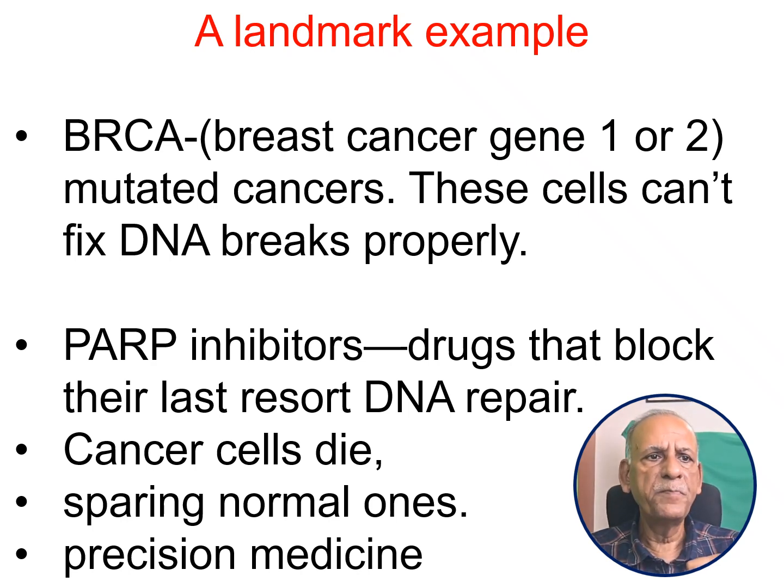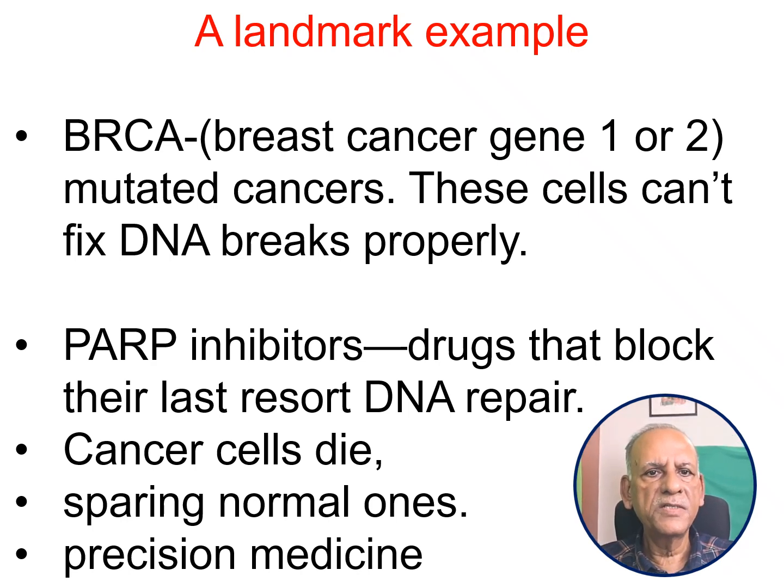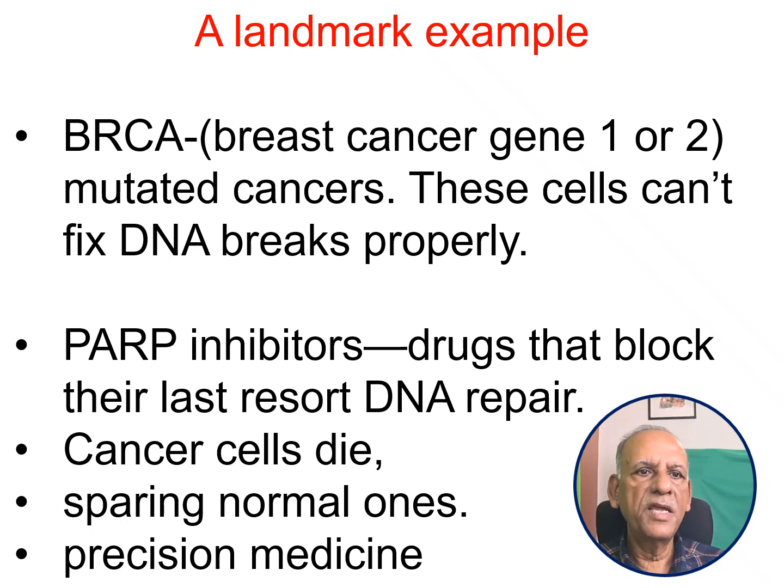That is one thing. Second thing, the BRCA1 mutation is found only in cancer cells. So this drug is now going to affect only those cells, leaving the normal cells intact. So this is called precision medicine. So in that sense also it is very useful.